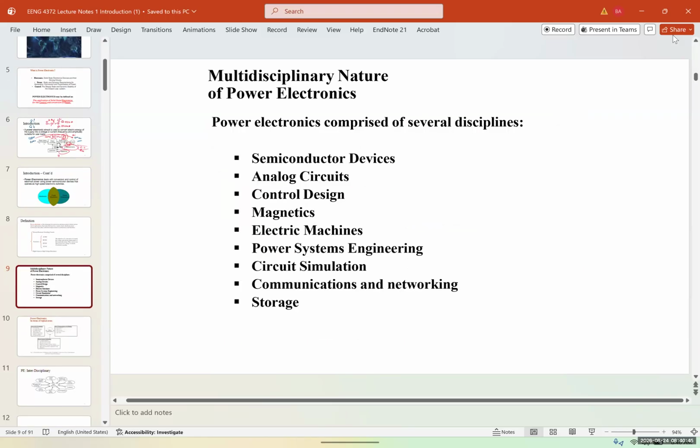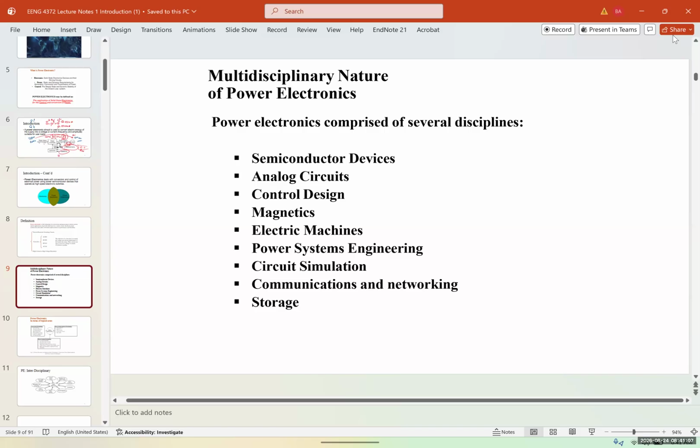Now, the multidisciplinary nature of power electronics is that it's comprised of several disciplines. You have electronics, semiconductor devices, analog, digital circuits, control design, magnetics, physics. The physics part is very important.